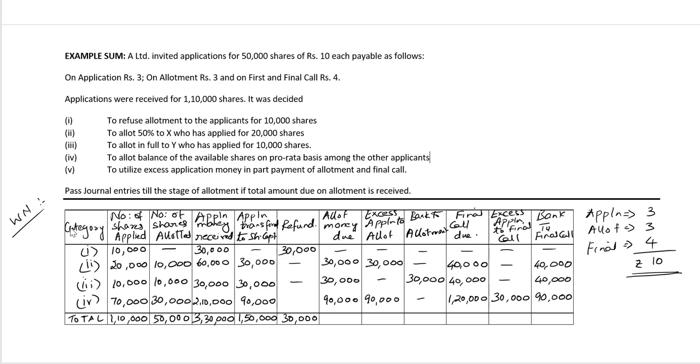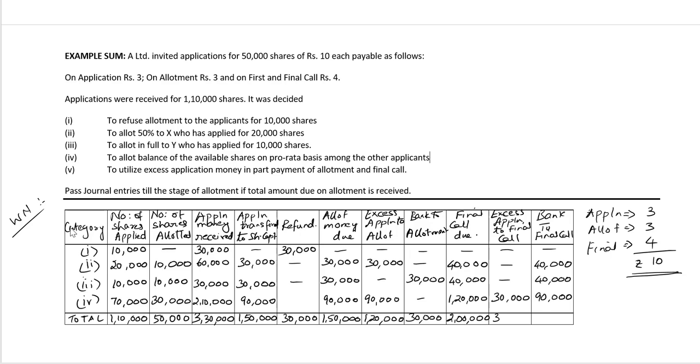The total of the allotment money due, 1,50,000 rupees. Total of excess application money which is transferred to allotment is 1,20,000 rupees, and bank to allotment is 30,000 rupees total. The total of the final call money due, 2 lakh rupees.